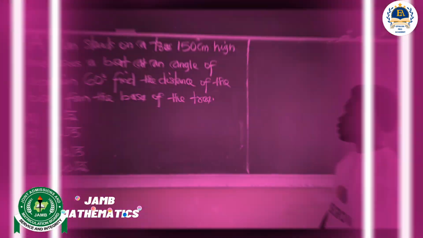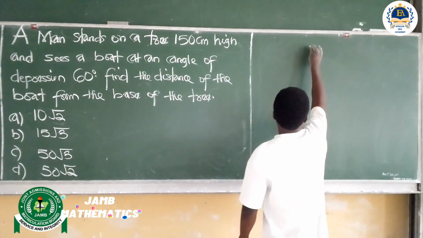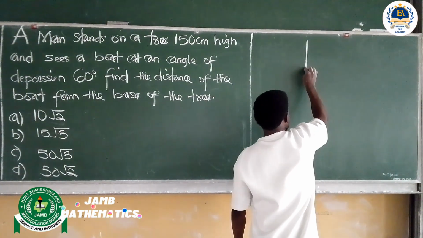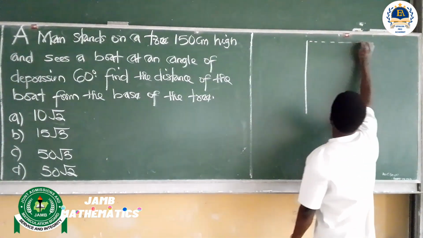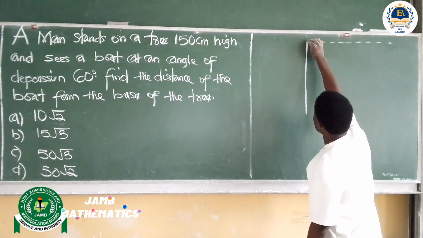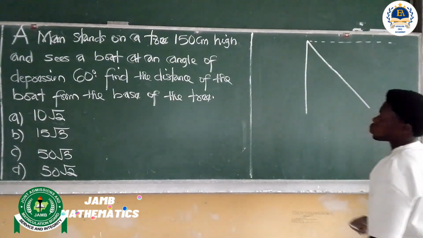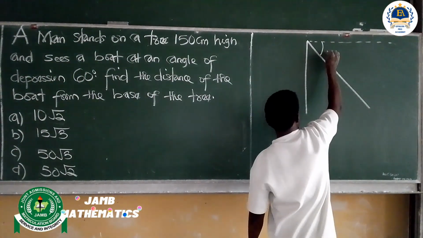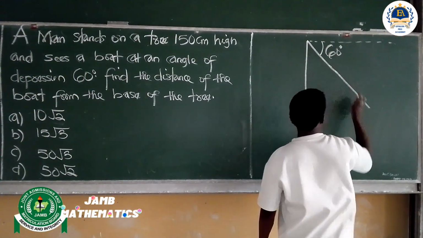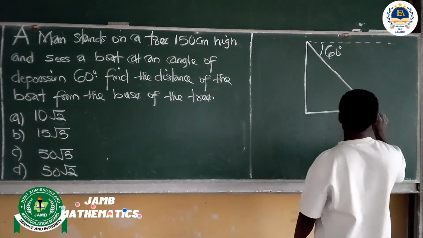A man stands on a tree 150 centimeters high. Let's call this the height of the tree. At an angle of 60 degrees.